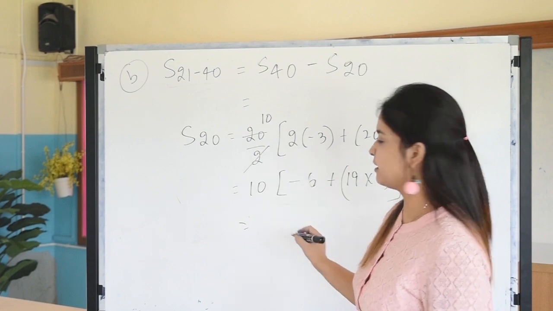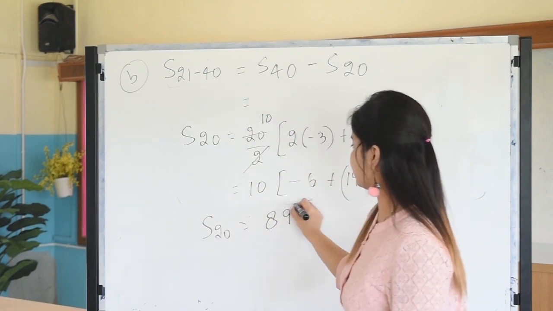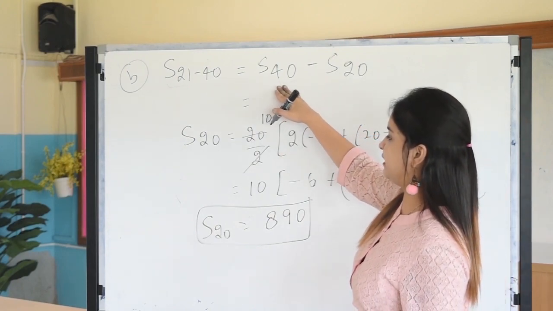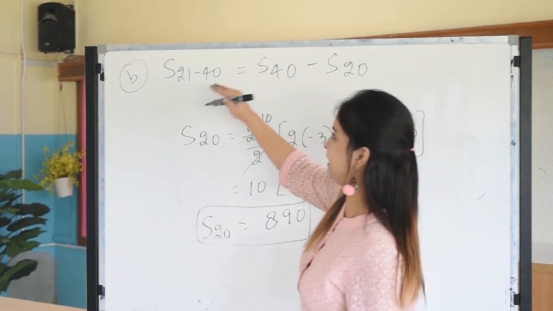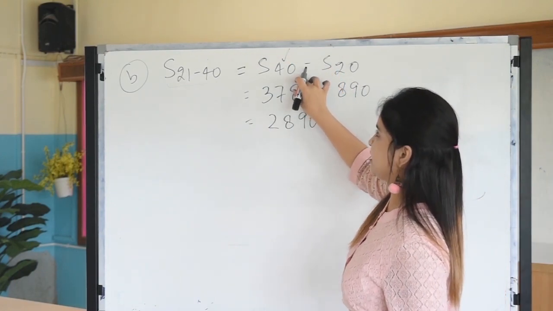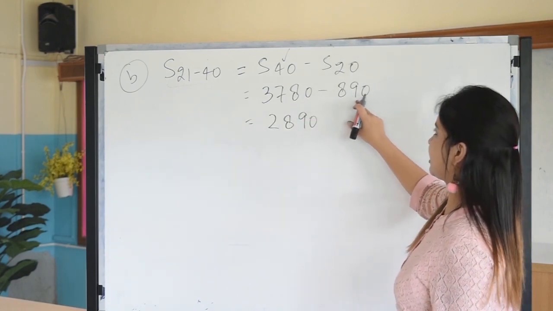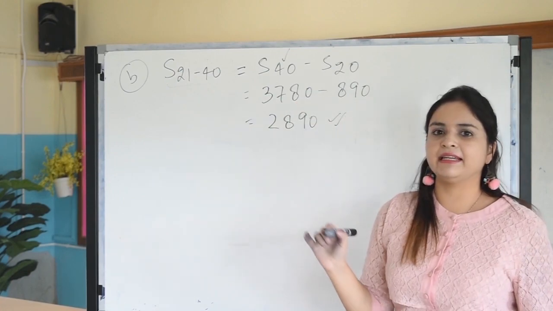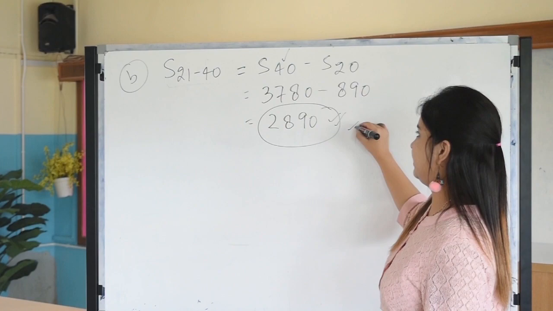When you simplify this, you will get 890. So my S20 is 890. Now I know the value of S40 already and I found the value of S20. So just subtract these two and you will get S21 to S40. S40 is 3780, and S20 I calculated to be 890. Subtract these two, you will get 2890. So this is my required answer for part B.